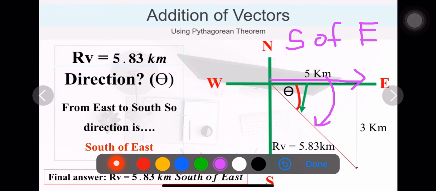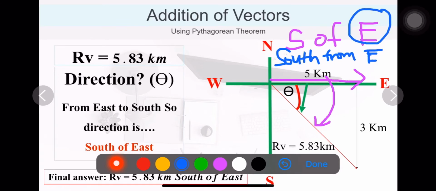Okay, so how are you going to read this? This is south from east. The initial point is east and then it moves downward, which is south. So south from east or south of east, that's the direction of the theta.